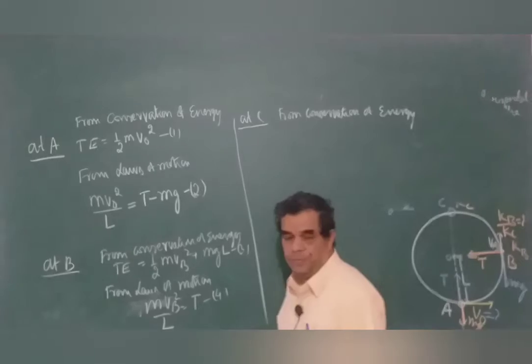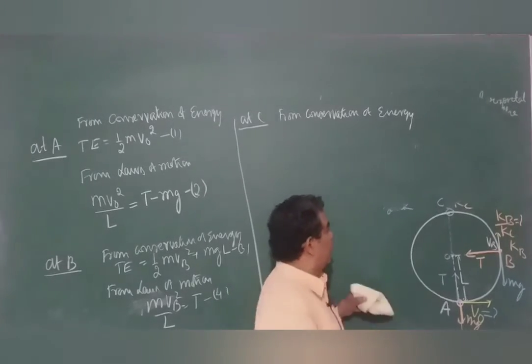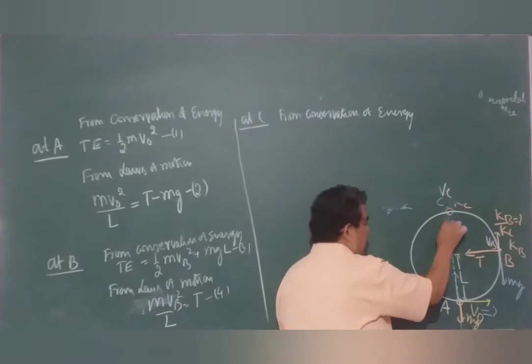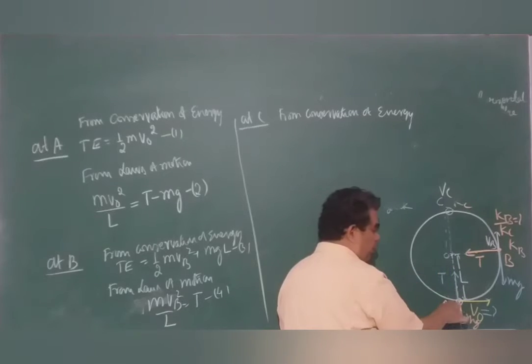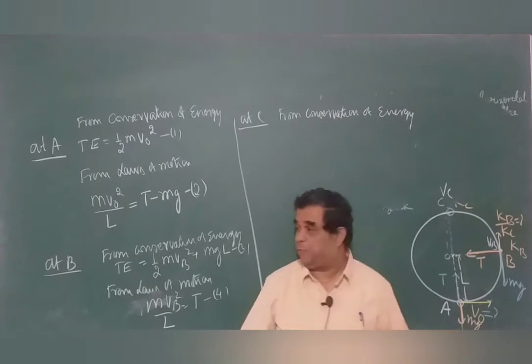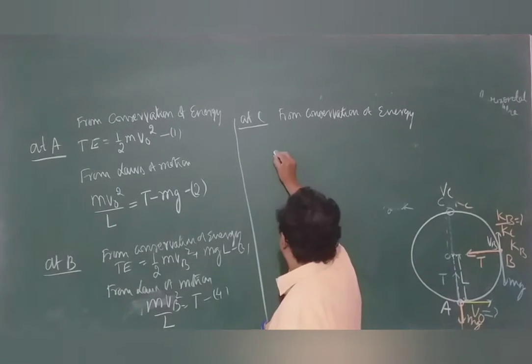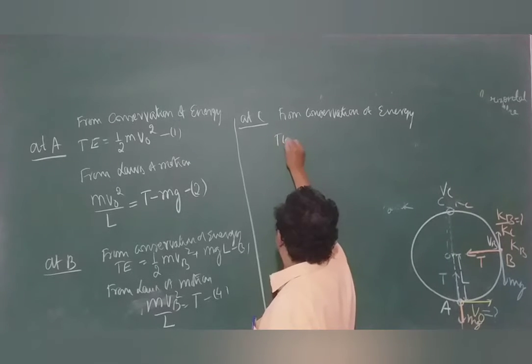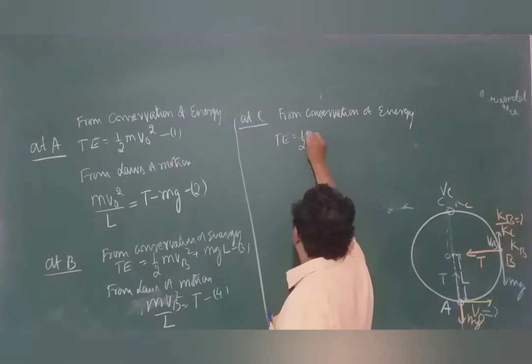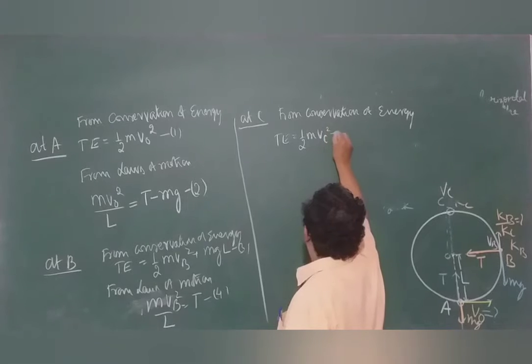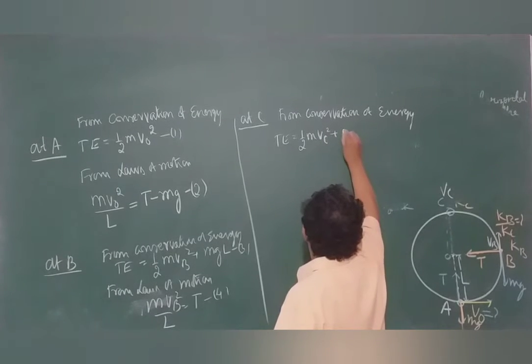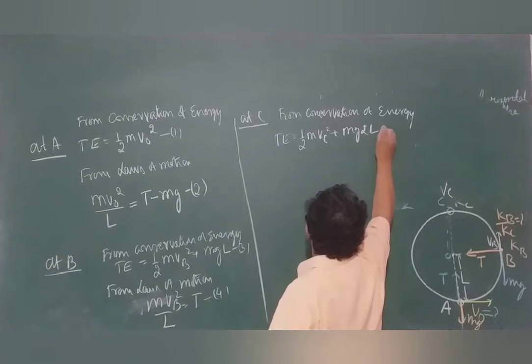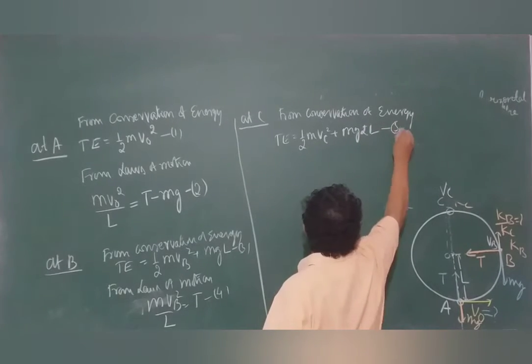At C, observe, its velocity is Vc and it is at a height 2L from the lowest point A. Therefore, we must write total energy equals half m Vc square plus mg into 2L. This is our equation 5.